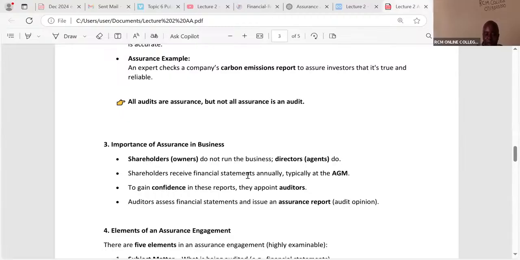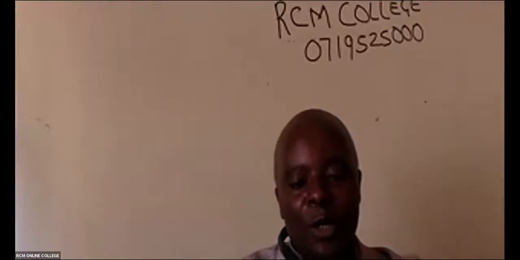Shareholders receive financial statements annually, typically at the AGM. To gain confidence in these reports, they must appoint auditors. Auditors assess financial statements and issue an assurance report, which is known as an audit opinion.